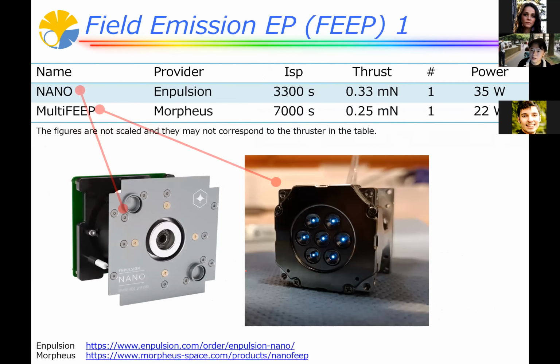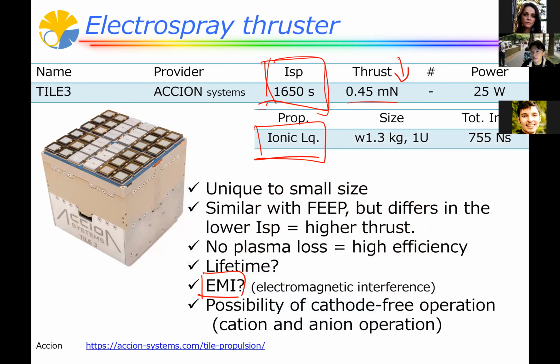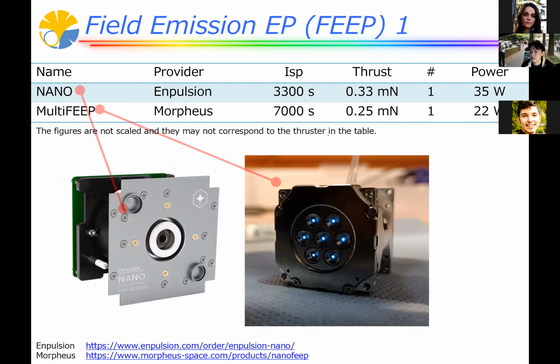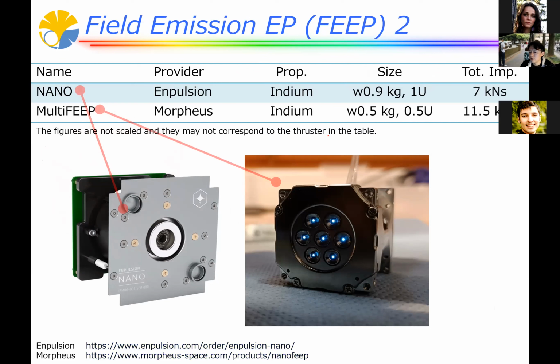Okay, so the final type of thruster is the field emission electric propulsion. Basically, the acceleration principle is the same as electrospray. In the case of electrospray, they use an ionic liquid, but in this case, they use liquid metal. The molecular mass of this liquid metal is lighter than the ionic liquid.